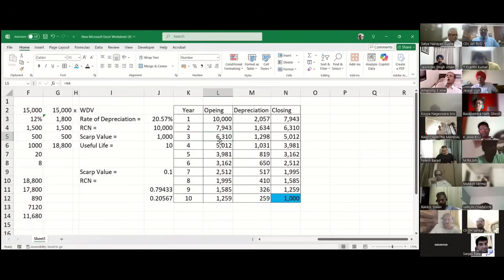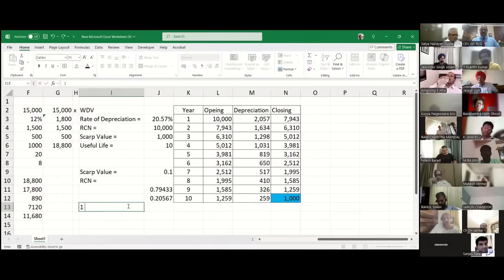So if the rate of depreciation is not given, then you have to find the depreciation rate by scrap value divided by replacement cost new raised to 1 by life.